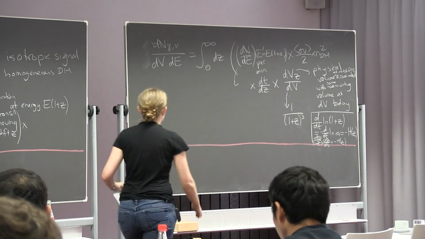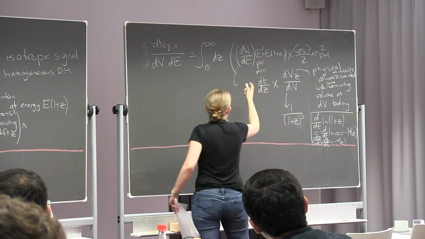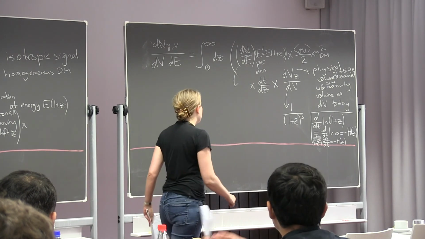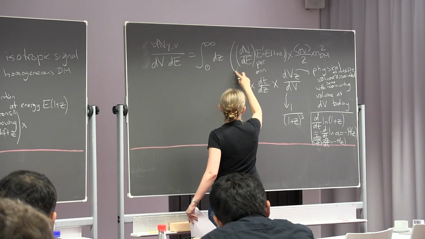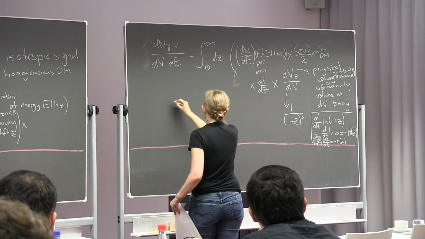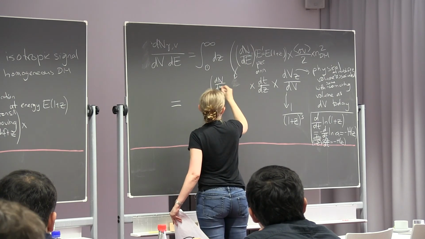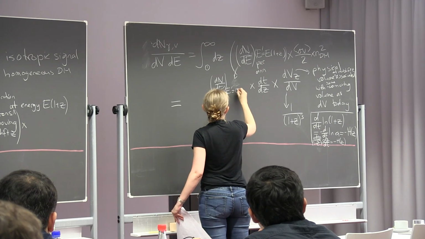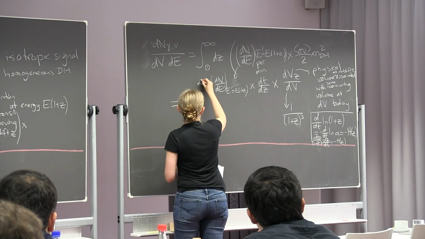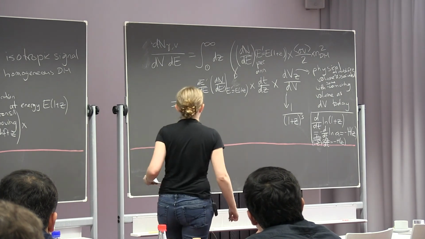This is actually, so there's a dN by dE over here. So this actually has to be dN by dE. If we want to convert it to dN with respect to dE prime, the energy at high redshift, we need to put in a factor that takes into account that the width of the bin is also larger at high redshift. So this is equal to dN by dE, and this factor is just 1 plus z.